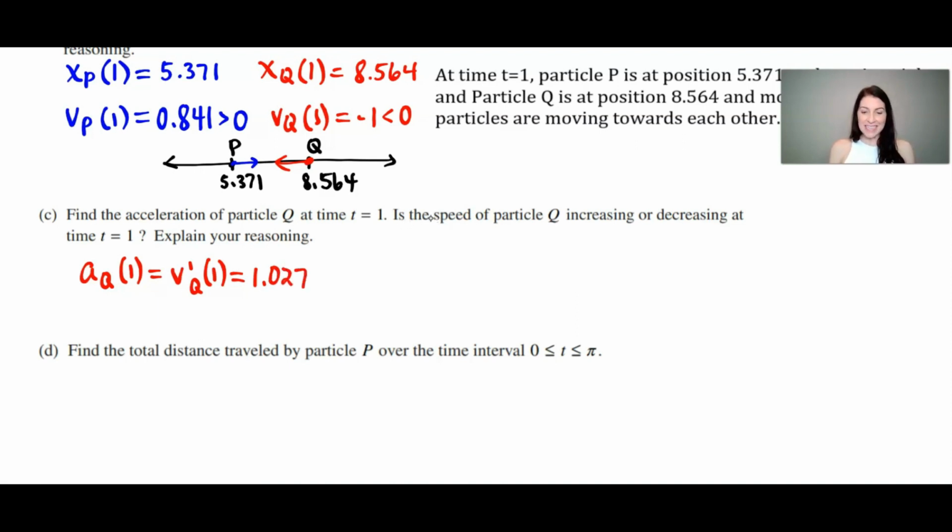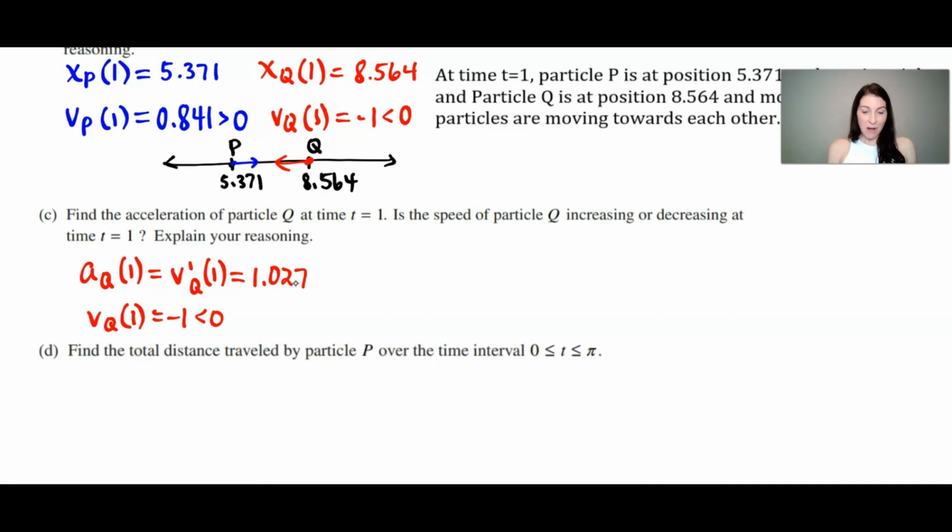And then the question says, is the speed of particle Q increasing or decreasing at time t equals 1? For this part, we need to compare the signs of velocity and acceleration. So in part B, we found that the velocity of particle Q at a time value of 1 was -1, which is less than 0.